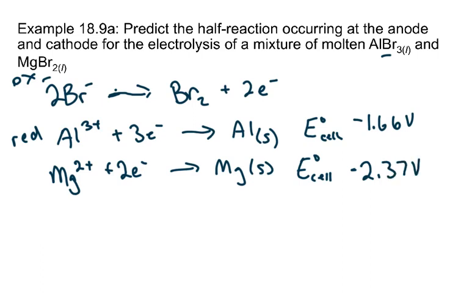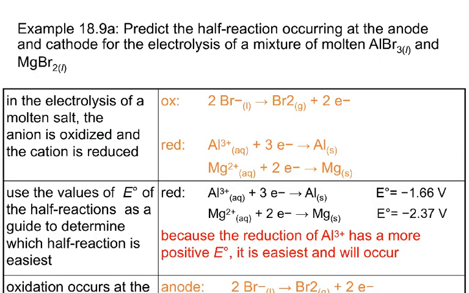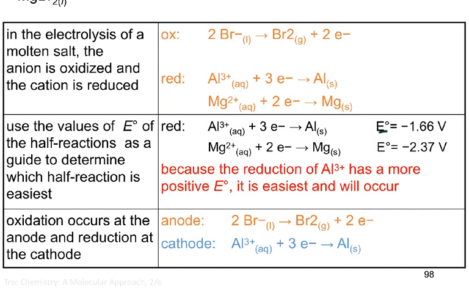The aluminum has a more positive or a less negative potential, so our aluminum will be reduced first. So here, aluminum has a more positive value, so it's easier.